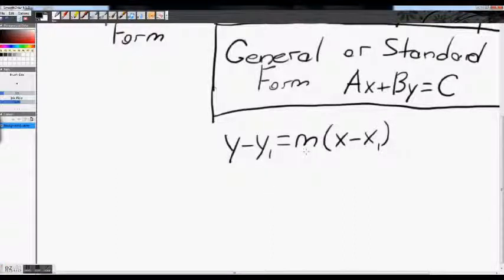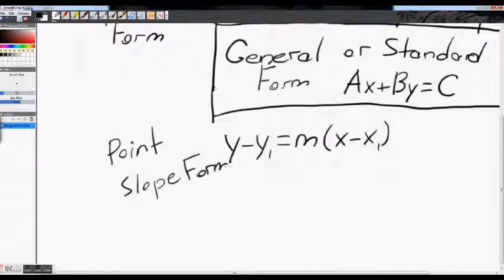And the logic can be seen in this one. Let's look at this one first. y minus y1 equals m times x minus x1.